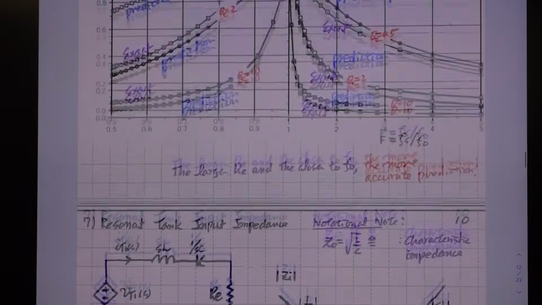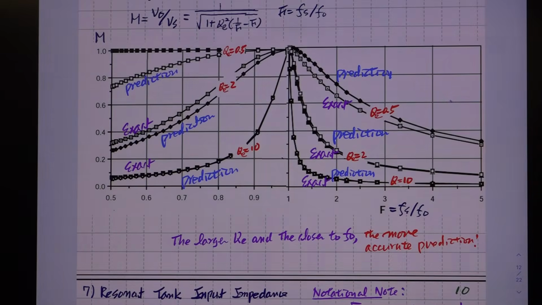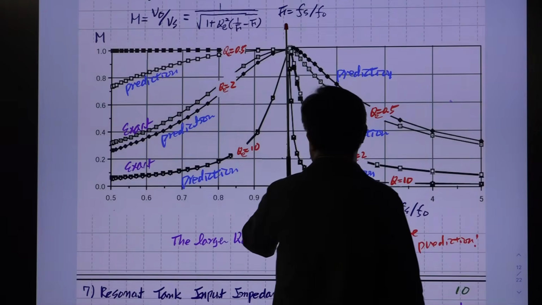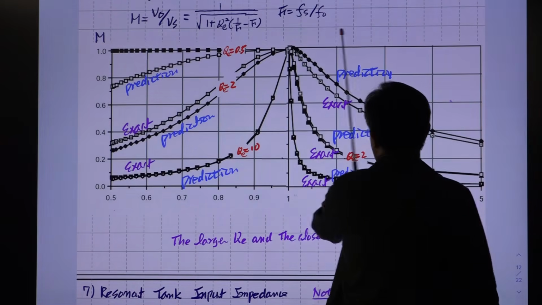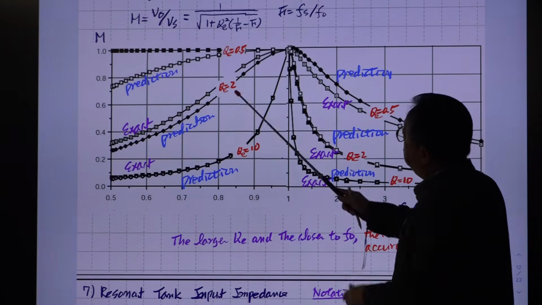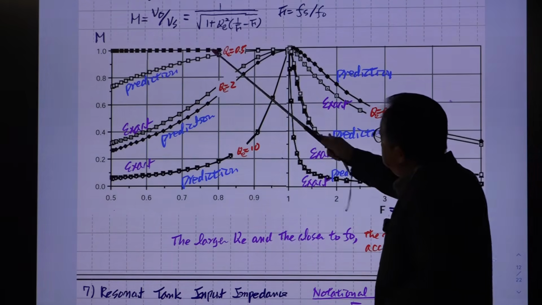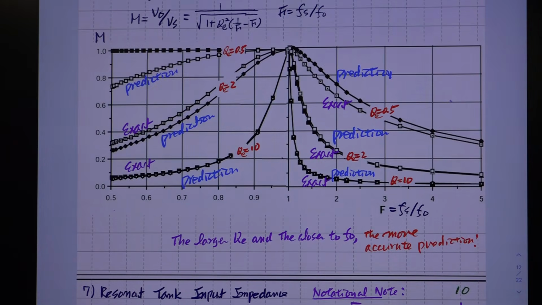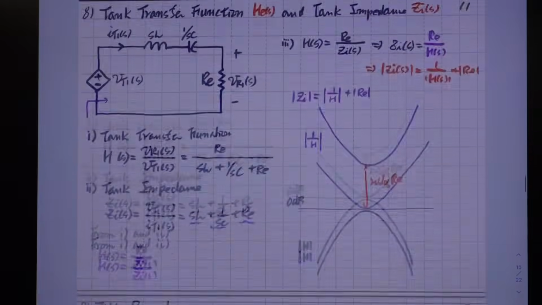This is the curve of the DC in, DC out gain of the series resonant converter. This is where the switching frequency is exactly at the resonant frequency. This is above resonance, and this is below resonance. I said there are some deviations, and this is a huge deviation. So we'll address this.